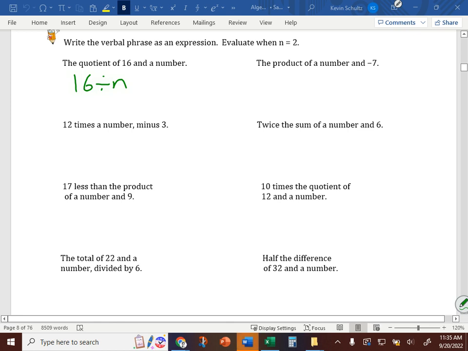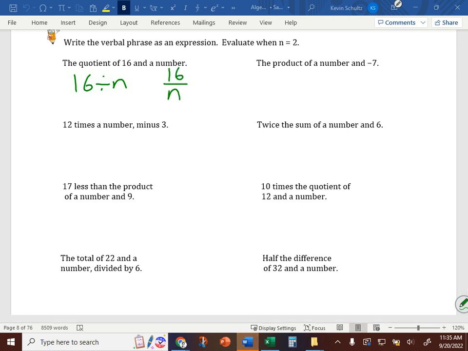You can write it horizontally, or vertically as a fraction, because recall that fraction bar just means division. Either one's fine. And now when n is 2, we plug 2 in there. 16 divided by 2, we get a value of 8.